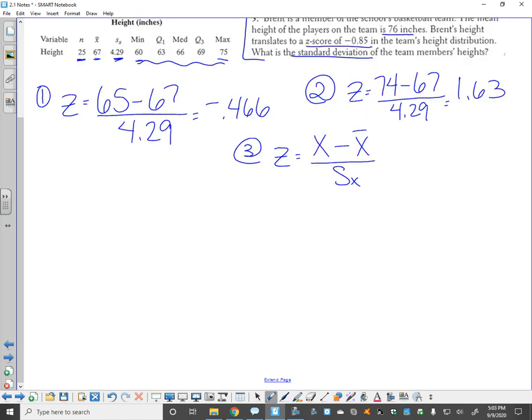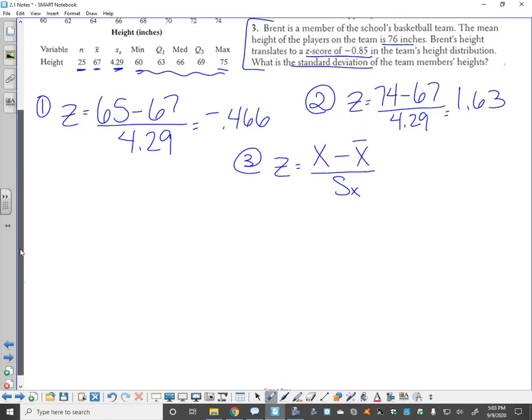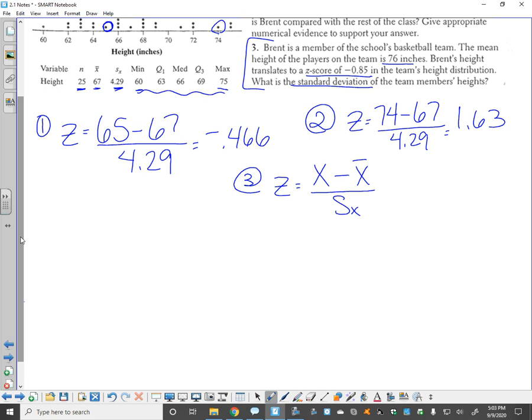Now, let's go like, I don't know, 8th grade algebra on this thing. So my Z-score is negative 0.85. Brent's height is 74. The average of the team is 76, and I don't know what the standard deviation is. Guys, this is just an algebra equation. I just need to solve it.